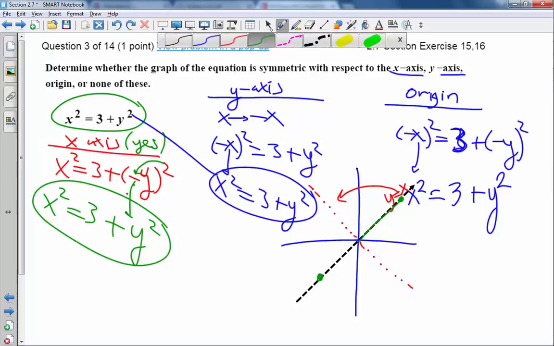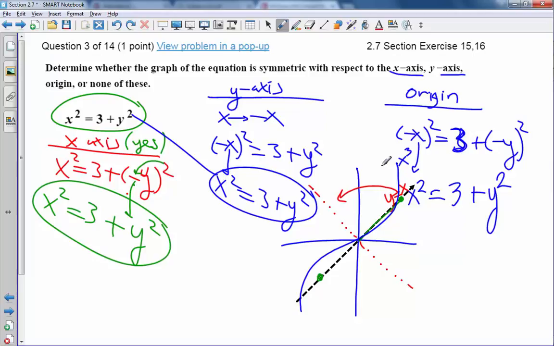Or this graph as well. What's the equation of this graph? This is y equals x cubed. It has origin symmetry, but it has no x-axis or y-axis symmetry. Okay? Alright?